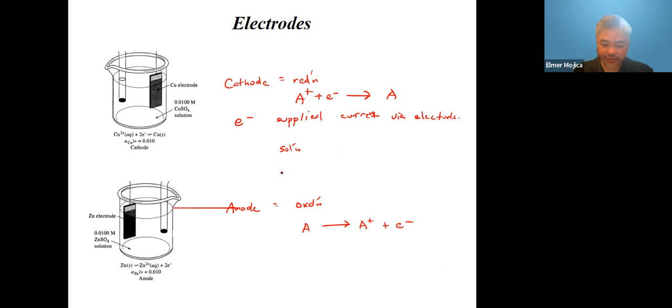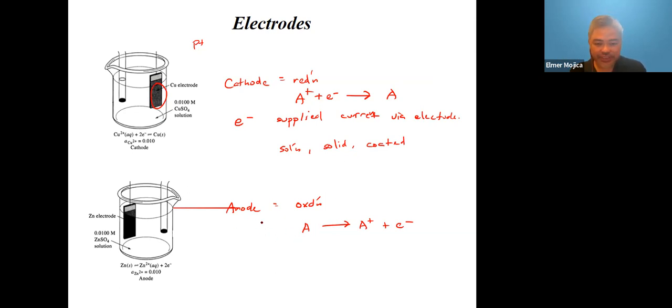Okay, or we could say solids or coated on electrodes. So pwede siyang nasa solution, solid, or yung tinatawag nating coated. Kasi yung natutunan natin sa Gen Chem, you have a metal electrode and an electrolyte. Okay, unless meron kang platinum, okay, which is an inert electrode para doon sa non-solid na tinatawag nating element.